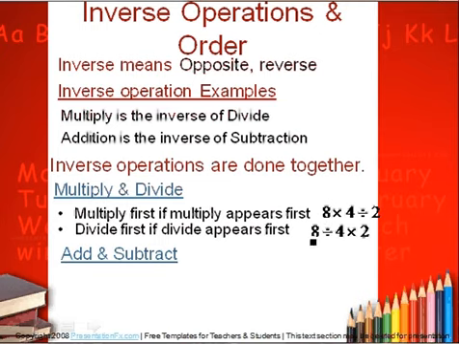So what we do, since multiply and divide are the same level, we take whichever one comes first. And since in this case the division came first, we have to do that first. 8 divided by 4 is 2. 2 times 2 equals 4. And I can rewrite that one like this up here. 8 times 4 was 32 divided by 2 equals 16.